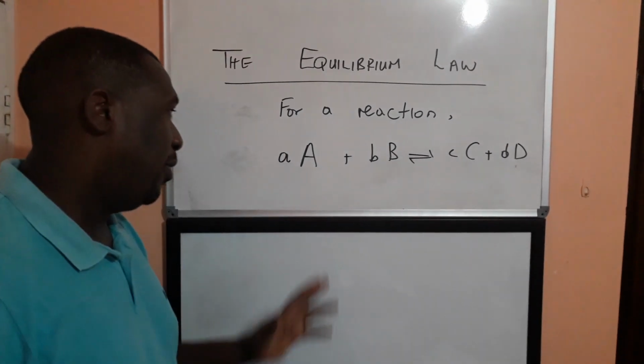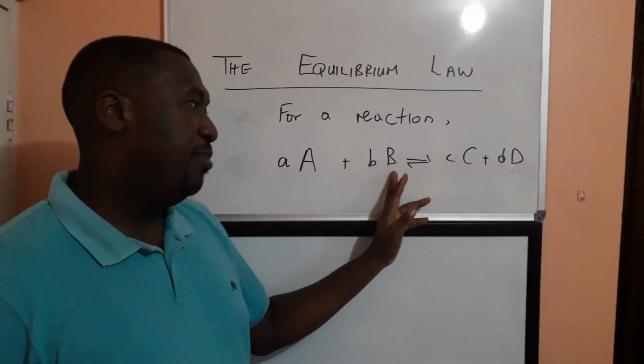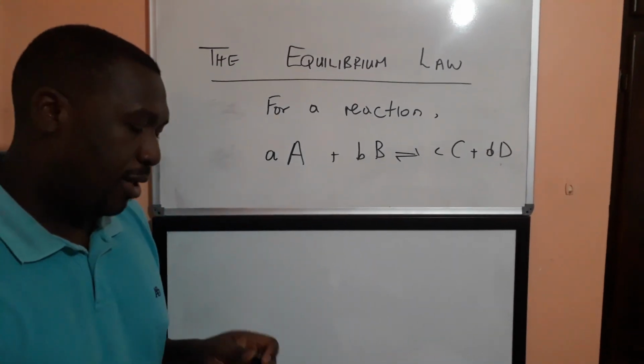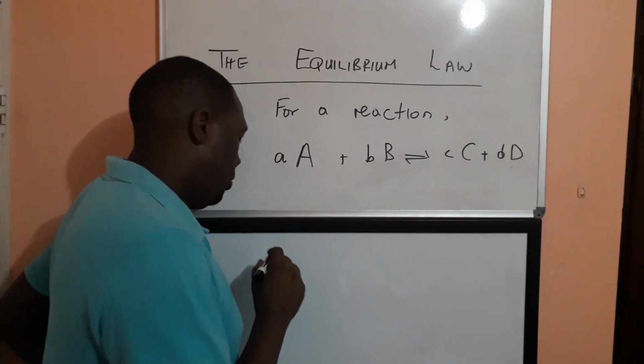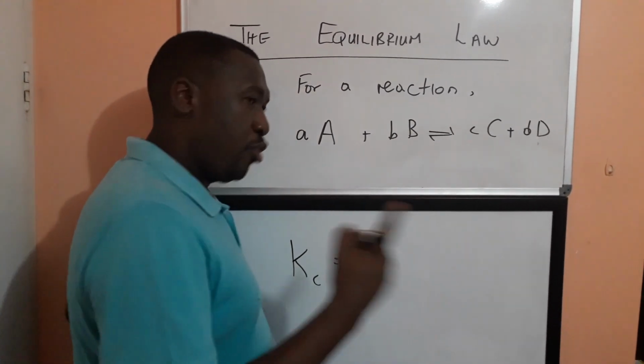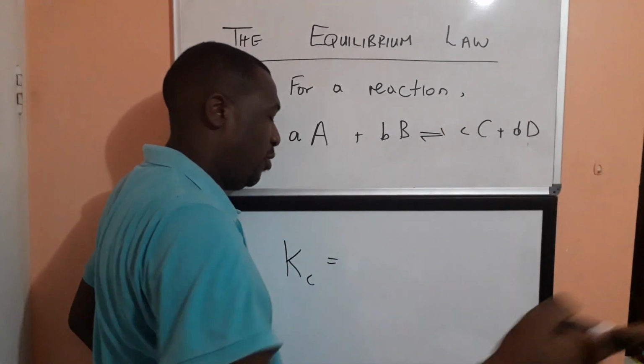Now for a reaction aA + bB ⇌ cC + dD, the equilibrium constant, which we call Kc, gives the product of the concentrations of the products raised to their stoichiometric coefficients.